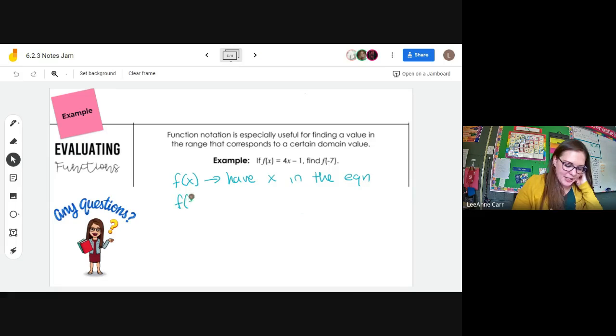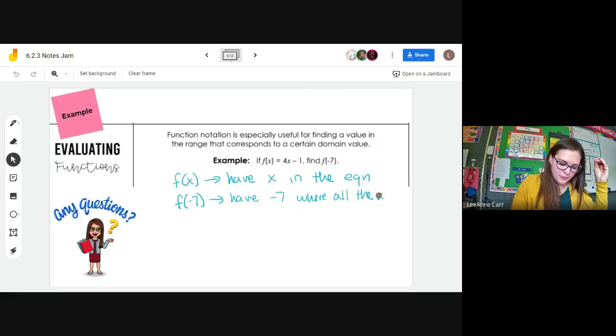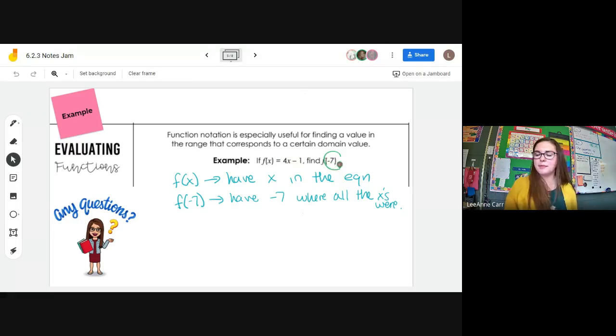If I have f of -7, I no longer have any x's. I'm not going to see an x in my equation. Instead, you will have -7 where all the x's were. I'm literally replacing my x with a -7. So in my equation, I'm going to replace this x with a -7.